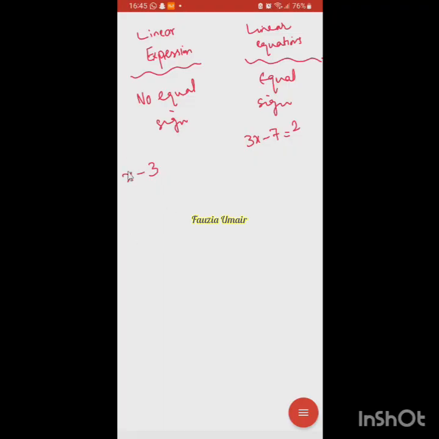So now tell me, can we solve x minus 3? Linear expressions, we simplify them. Like if it is 3x plus 9 minus 2x minus 3, because 3x is a like term to 2x, we write 3x minus 2x and plus 9 minus 3. 3 minus 2 is x, plus 9 minus 3 is 6.